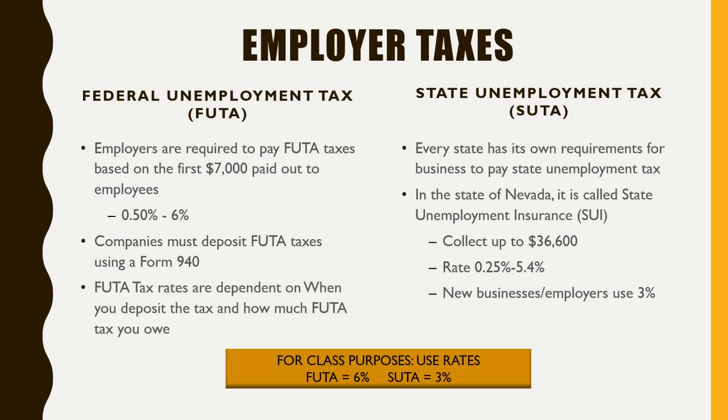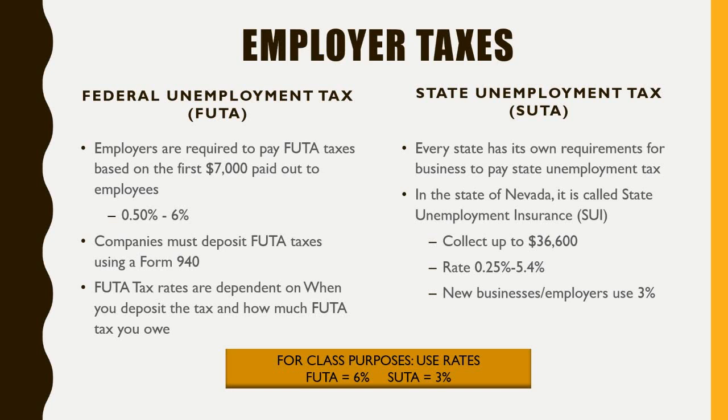Okay, so in this case, for federal unemployment, there's a couple rules. It's on the IRS.gov Publication 15 page, but they are responsible. So for every $7,000 paid to a person, it's going to be a certain percentage of tax, a certain percentage of gross pay.